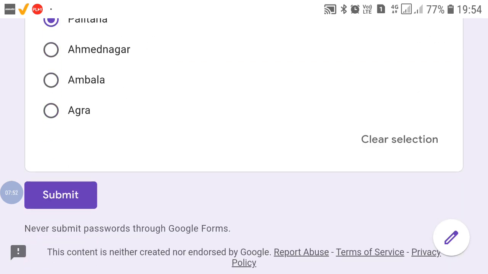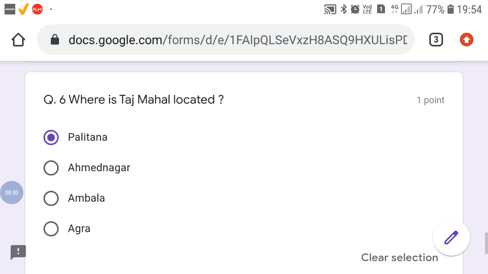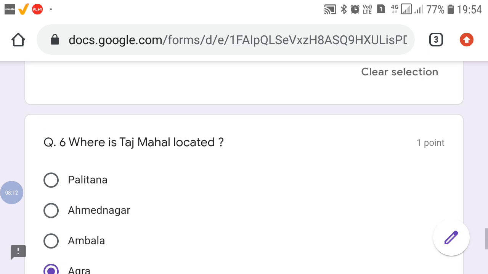Then at the bottom, after you complete the 100 questions, you will have a submit button. Before clicking the submit button, you can go back and correct your answers. After you click the submit button, you cannot rectify the answers.